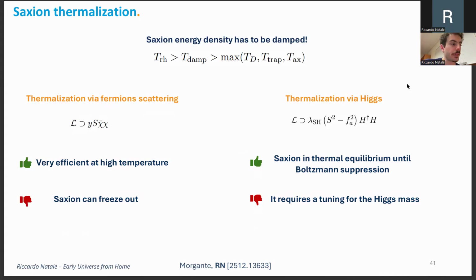Then they can freeze out and eventually decay into axions, and this can lead to too much dark radiation. While with the thermalization via Higgs, we have this mixing angle that keeps the axion in thermal equilibrium until Boltzmann suppression. But at the same time, this coupling requires a tuning of the Higgs mass, since the axion will keep a VEV at late times.